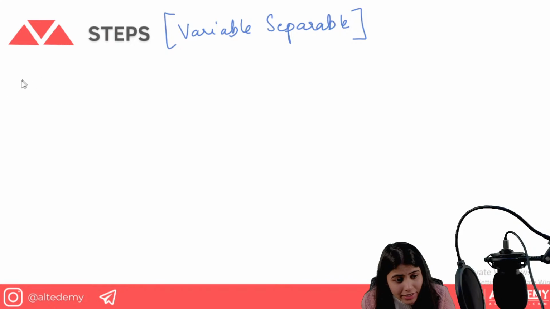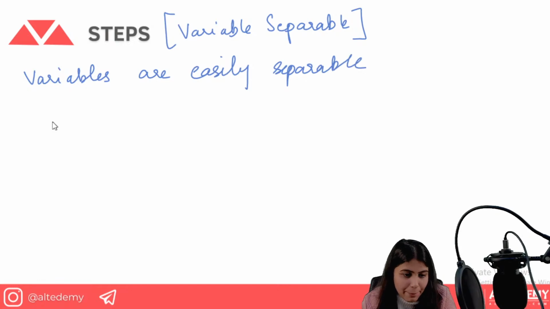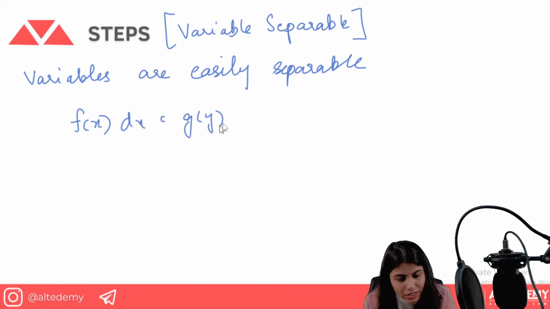Here the variables are easily separable. For example, we have the function f of x with dx here, and g of y with dy here.